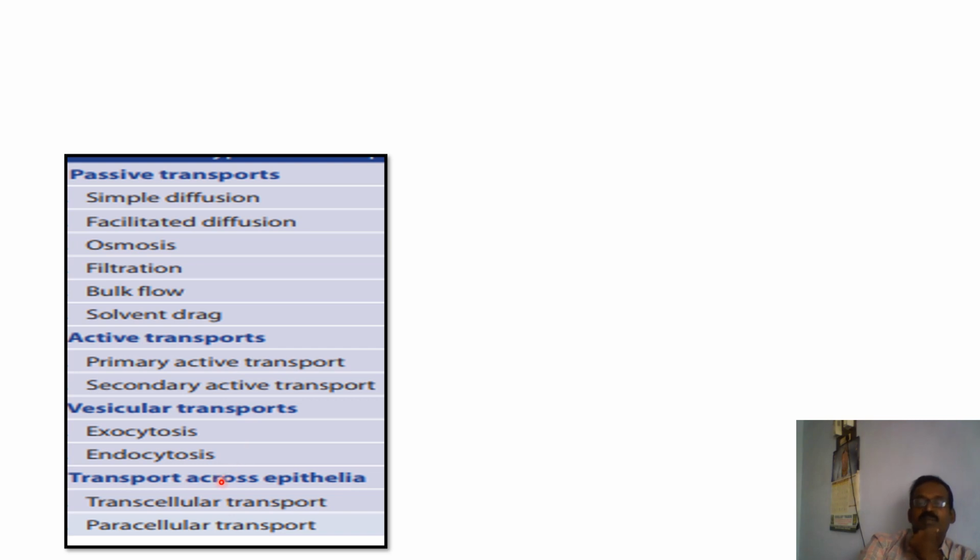Transport across the epithelium is through the transcellular transport and paracellular transport. So in the epithelial lining, the transport occurs through the transcellular epithelial transport or paracellular, in between the two cells.